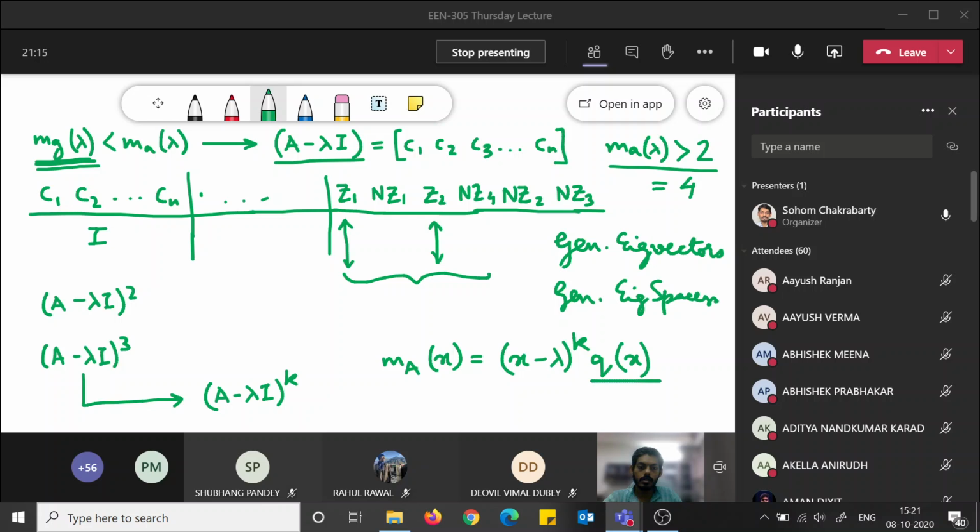If you put A in place of x, it is going to vanish. So A minus lambda I to the k vanishes the minimal polynomial, and this order k is up to which you have to extend the eigenspace.